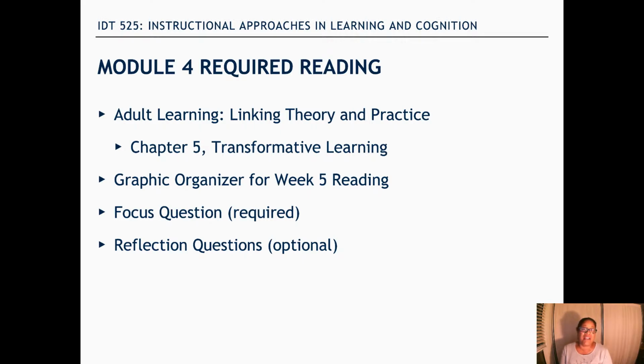And that graphic organizer is a comparison of Mezirow's 10-step process, which is more cognitive rational, so it lists all of the 10 steps, which you can grab from the chapter, but it's a comparison of those steps to Cranton, who continues to write about transformative learning.